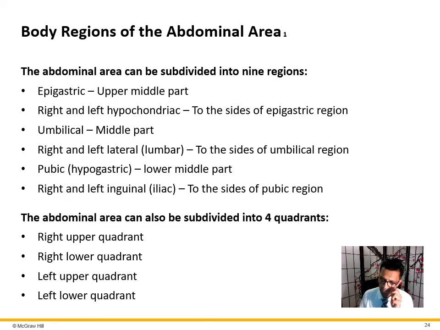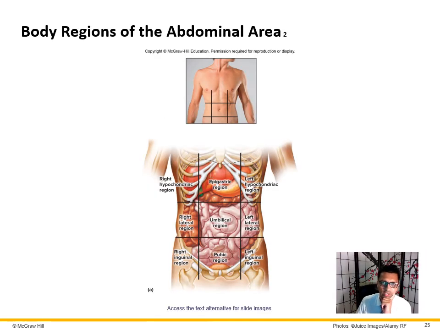So from a quiz standpoint, you would want to know which organs are in which quadrant and which region here. So if you were to look at this, you can see that the liver, which is right here, is found in the epigastric region and the right hypochondriac region. You can see that the gallbladder is found in the epigastric region. Here's your stomach, that's found in the left hypochondriac and epigastric region.